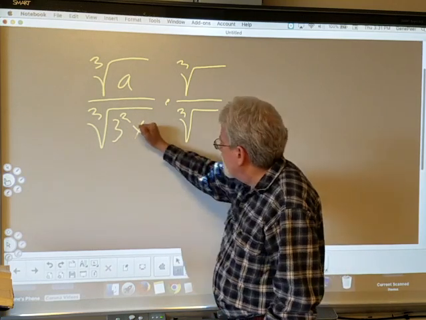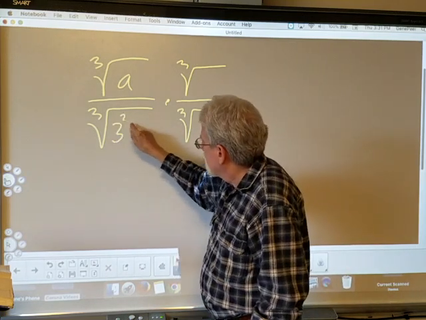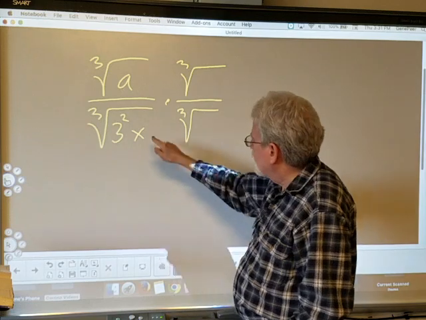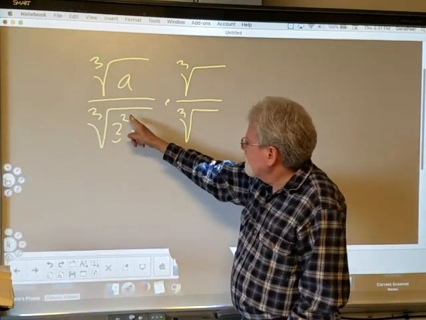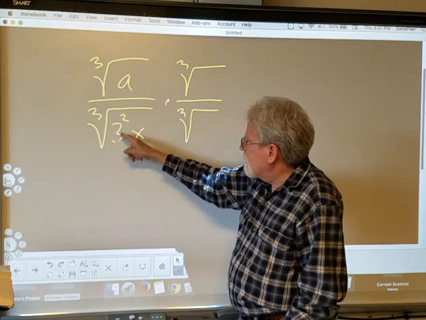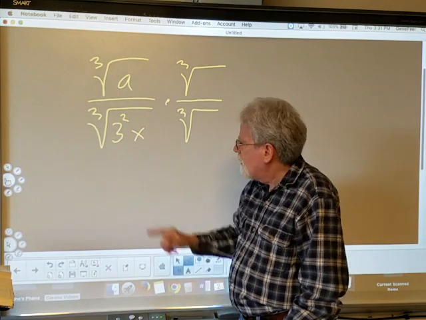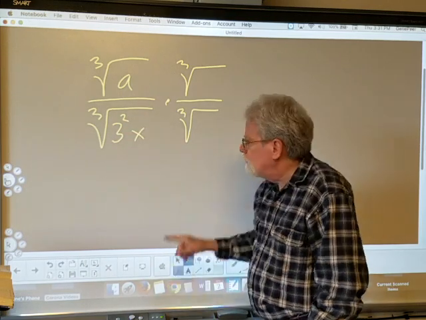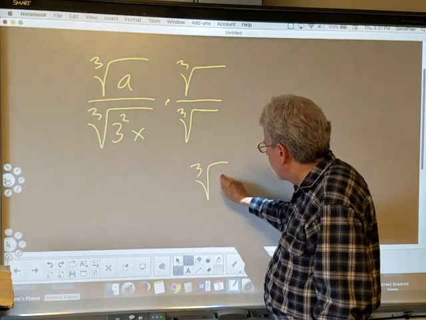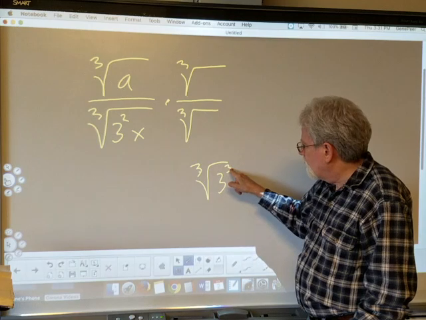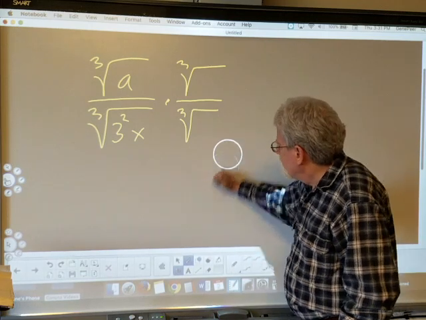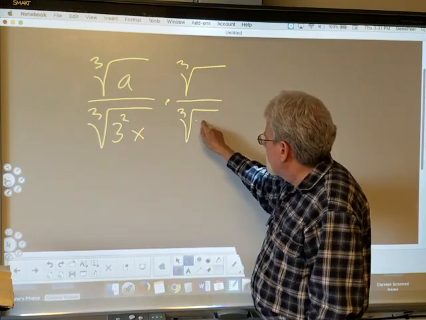And I wish it was 3 cubed. That doesn't look like a cube. And I forgot, was that an x? I hope it was. Yes. I just changed the 9 in my head or on my paper. I changed the 9 into a 3 squared, and I wish it were a 3 cubed, because I know the cubed root of 3 cubed, yeah, the cubed root and the third power cancel. So I just throw in another 3.